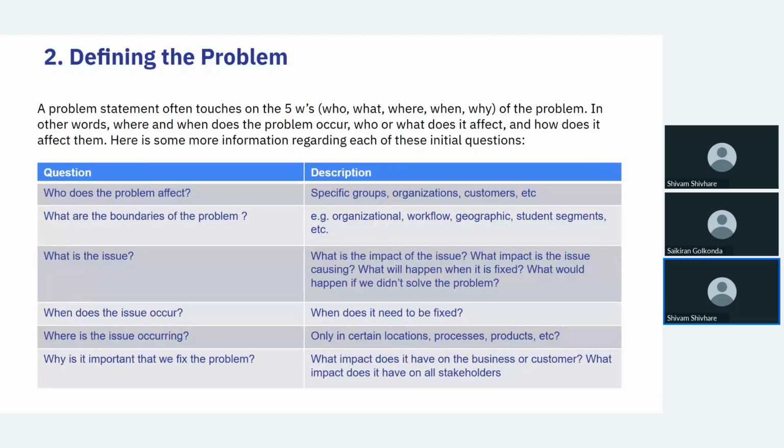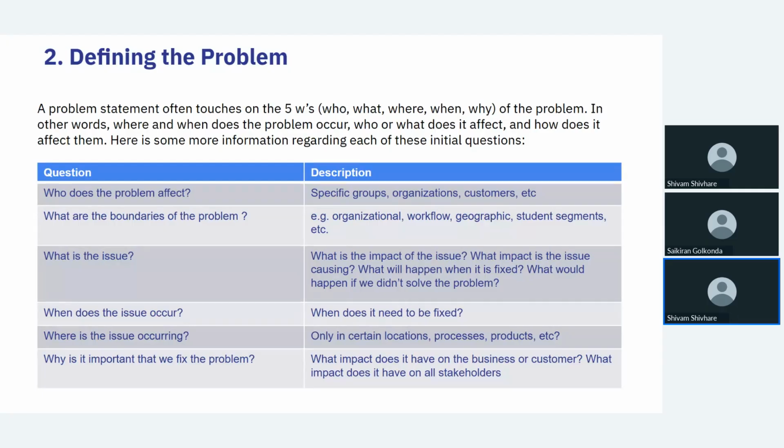Who means because of this problem, what types of people are affected. What means what is the issue regarding that. Where means from where the problem is occurring. When means from what time. Why?